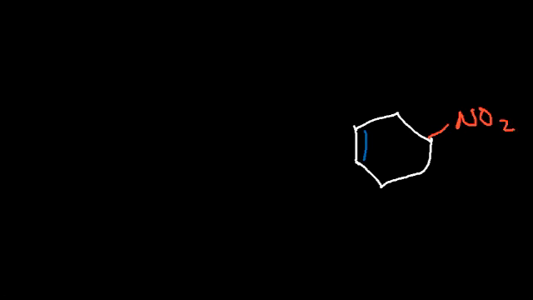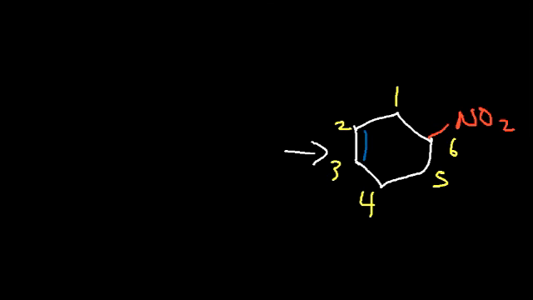So now what if you're given the product? How can you draw the diene and the dienophile that was used to create this particular product? How would you deconstruct it? So the first thing I would do is make sure that this double bond is between 2 and 3.